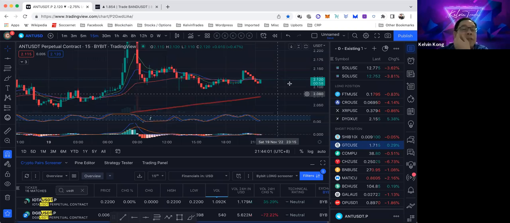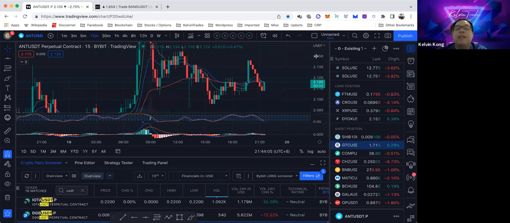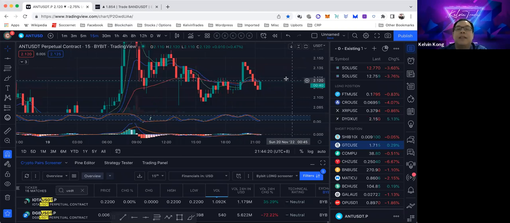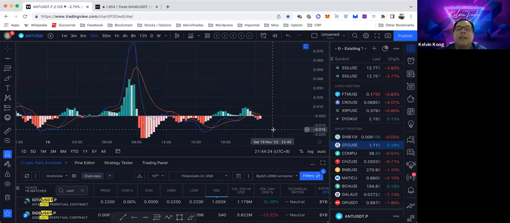Okay, enter. I don't like to trade when the lines are crisscrossing like that, when the moving averages cross. I don't normally trade this kind of pattern. But there's a possibility to go long.